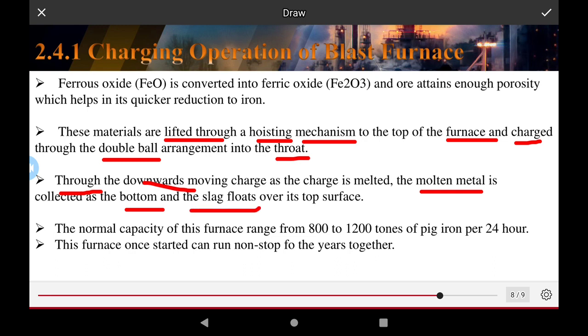The normal capacity of this furnace ranges from 800 to 1200 tons of pig iron per 24 hours. Once started, the furnace can run non-stop for years together.